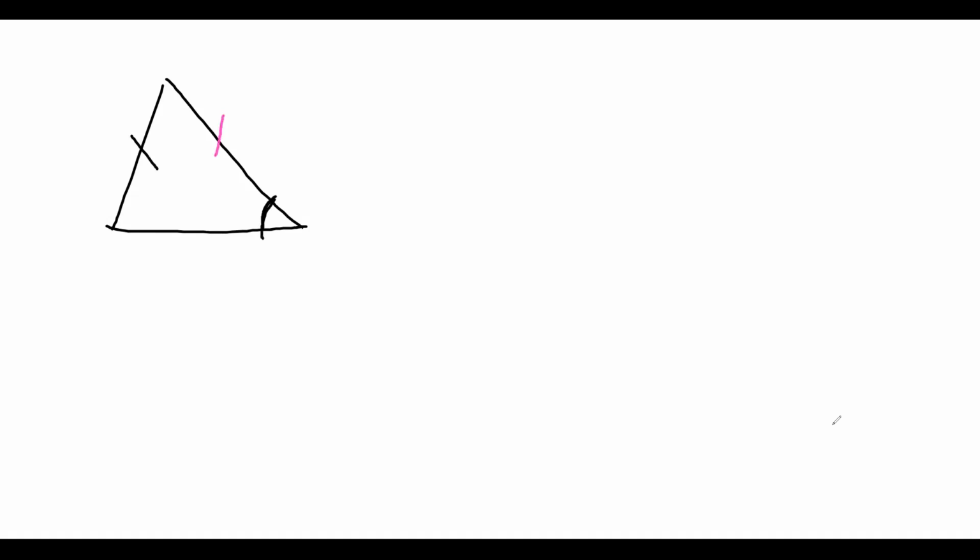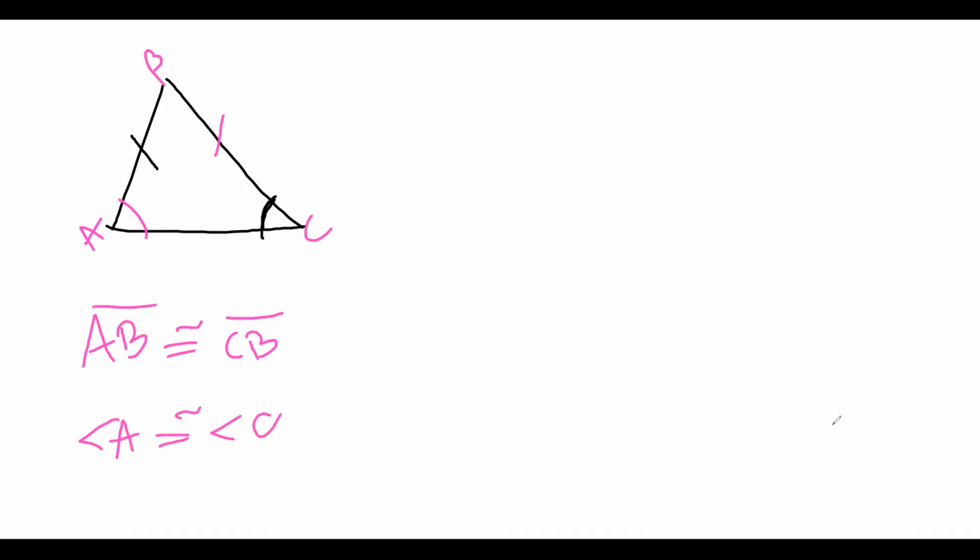And if you have this side, here we have its opposite angle. If side AB is congruent with CB, then their angles will be congruent too. Is it clear? Yes, teacher.